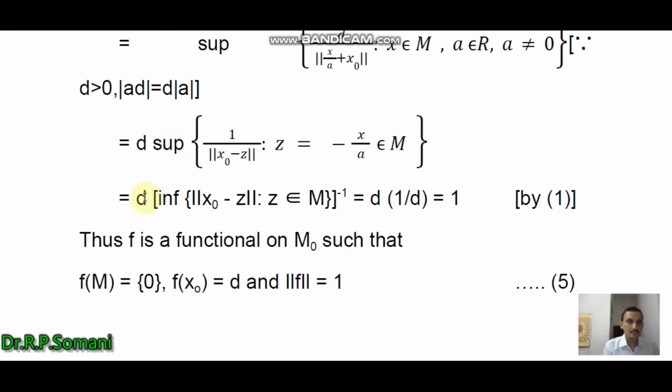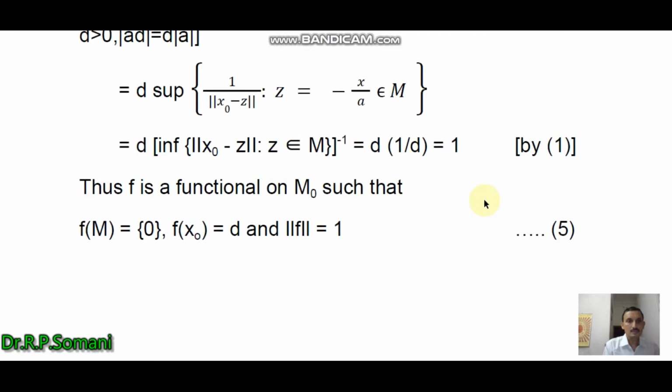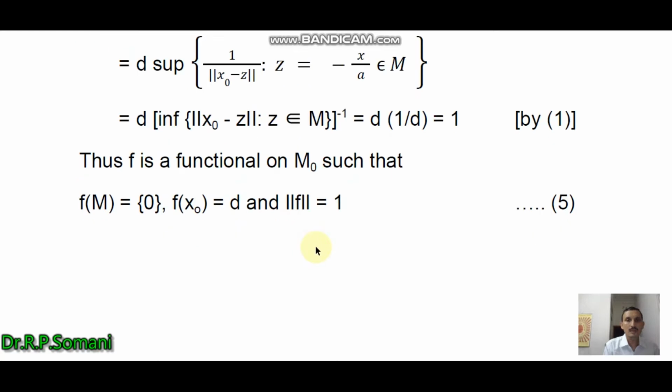So we can write this as d into 1 upon the infimum of norm x0 minus z, z belongs to M, and this is the definition of d. Therefore, the value becomes d into 1 by d, and this is equal to 1. So in this way, we obtain that f is a functional on M0 such that f(M) equal to 0, f(x0) equal to d, and norm of f equal to 1.